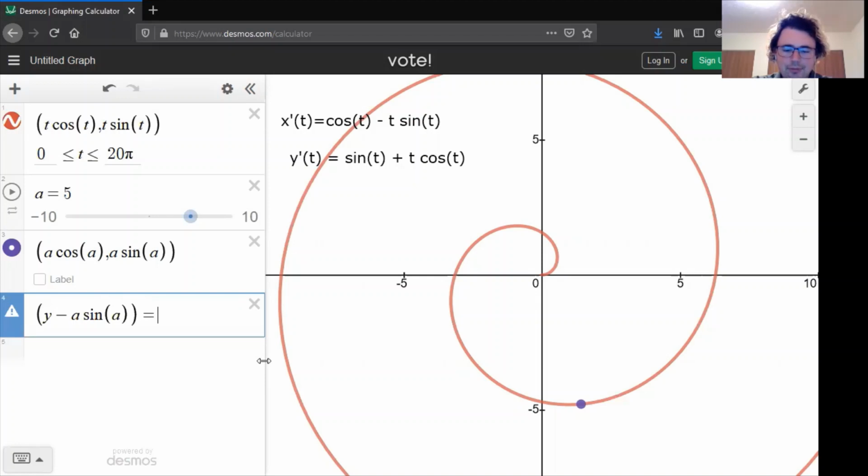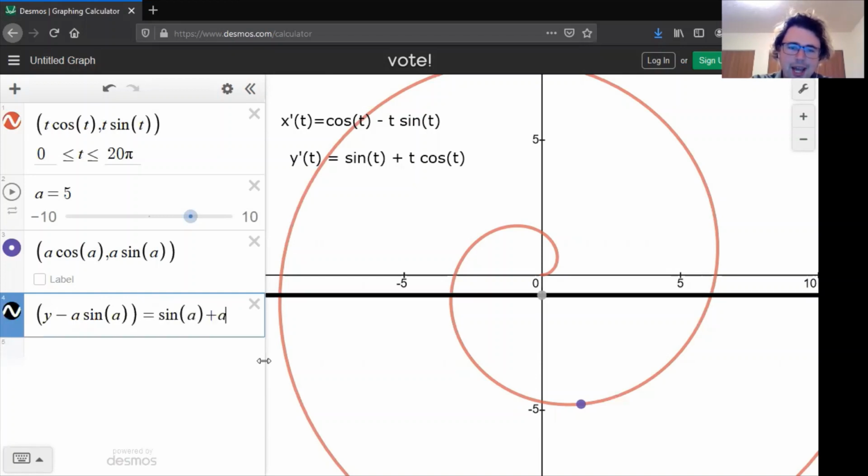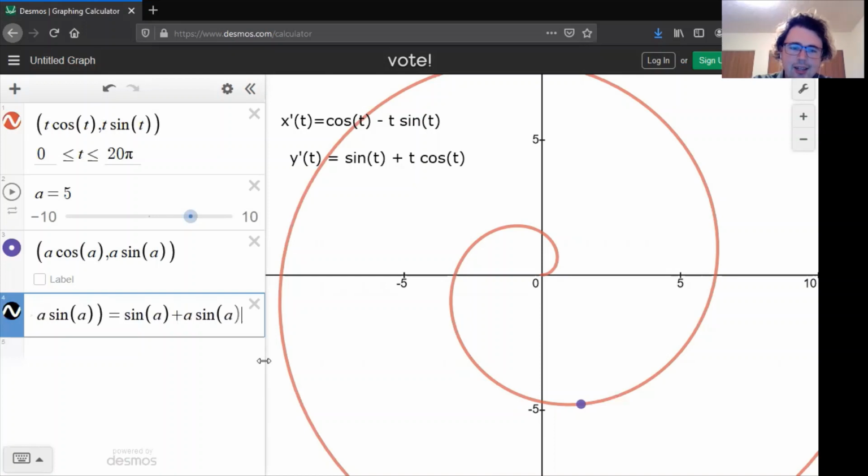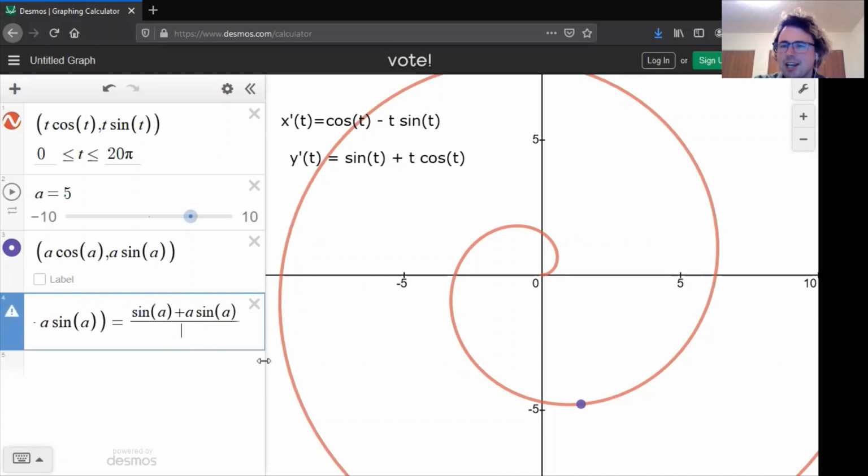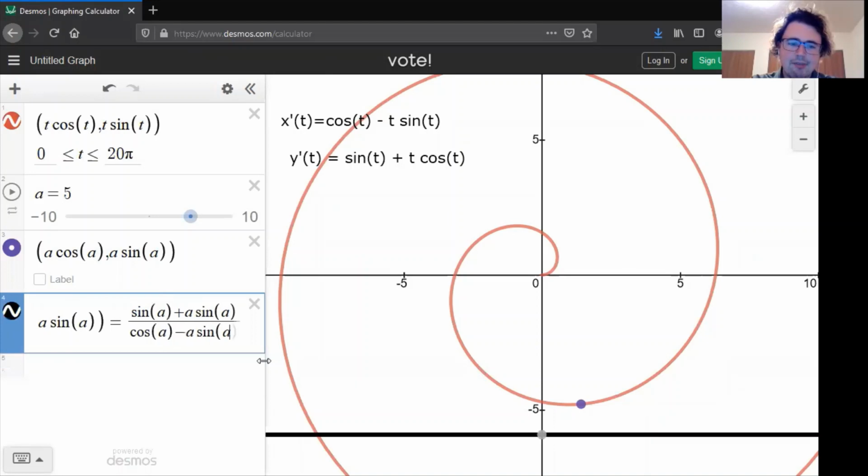So my slope is y prime divided by x prime. Sine of a plus a sine of a, that's the numerator. And I can highlight this all, hit the slash sign to get a fraction very quickly. Denominator cosine of a minus a sine of a.